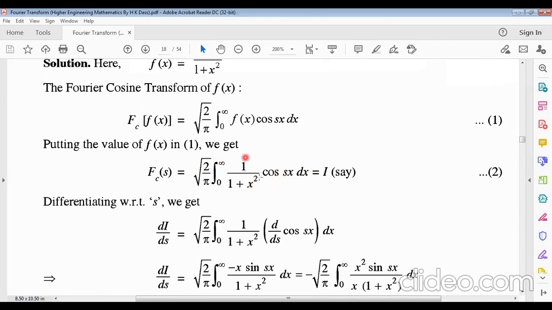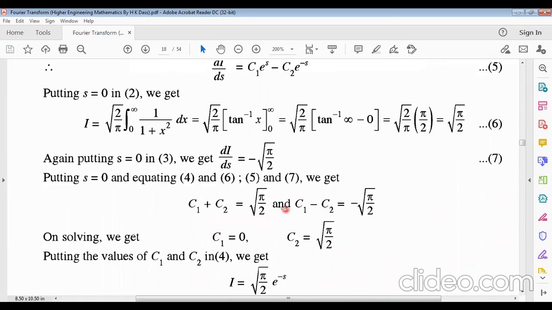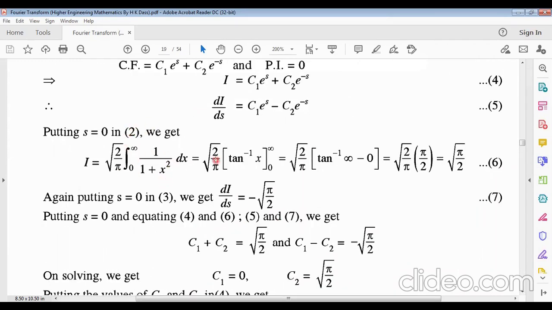So we get the integral of 1 by 1 plus x square, which is tan inverse x with limits 0 to infinity. That gives tan inverse infinity minus tan inverse 0. Tan inverse 0 is 0, and tan inverse infinity is 90 degrees, that is pi by 2. So we get root over pi by 2. This is equation number 6, after putting s equals to 0 in equation 2.